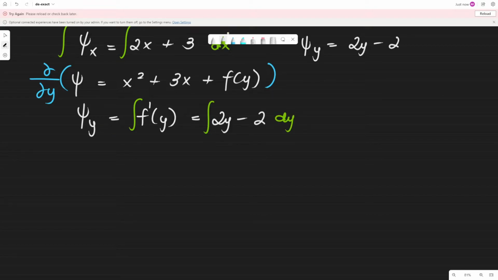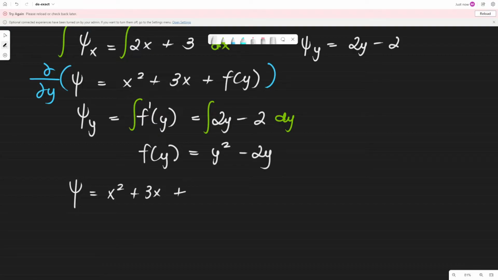That's the reason. Okay, so we'll have f of y is equal to the antiderivative of 2y, which is y squared. The antiderivative of negative 2 dy is negative 2y. Okay, so ito ngayon yung ipapalit natin dito. So therefore, we will have psi is equal to x squared plus 3x plus y squared minus 2y. Of course, huwag natin kalimutan yung plus c.